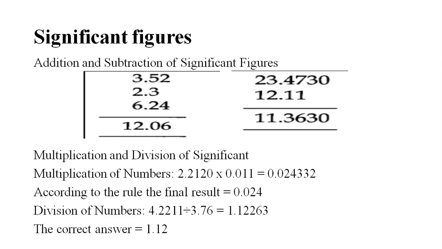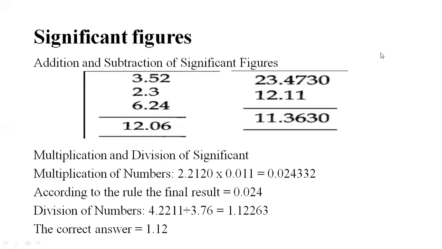Then, if I give another number, 23.4730 is the other number I have given you. If I give you a different number and subtract it, we go for 23.47 minus 12.